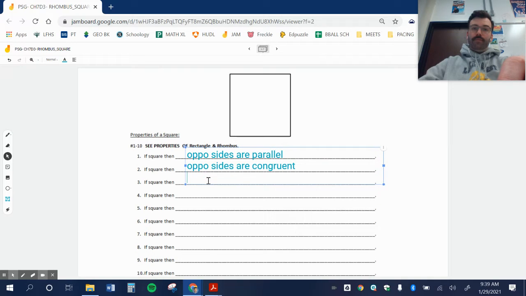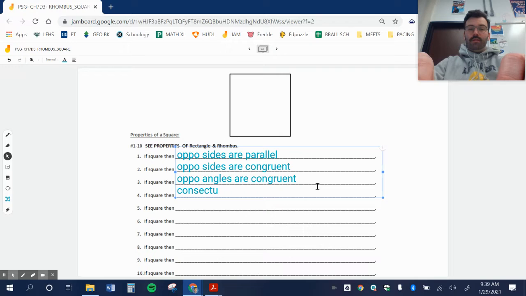Next one, the opposite, and oppo means opposite angles. These first five are coming from the parallelogram. The consecutive interior angles are supplementary.